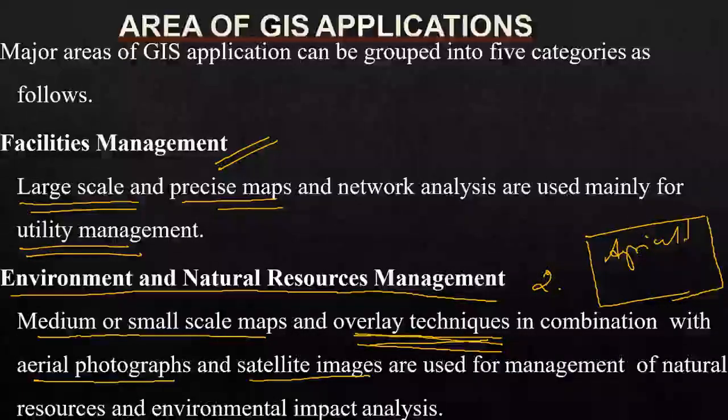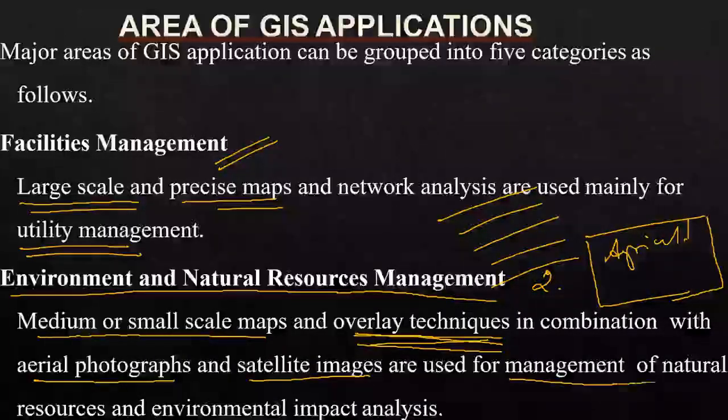So you have to classify the features, you have to analyze the features, and you have to layer it with the help of overlay techniques. Then you have to use aerial photographs and satellite images. Okay, then with this help you can use this GIS for managing the natural resources.